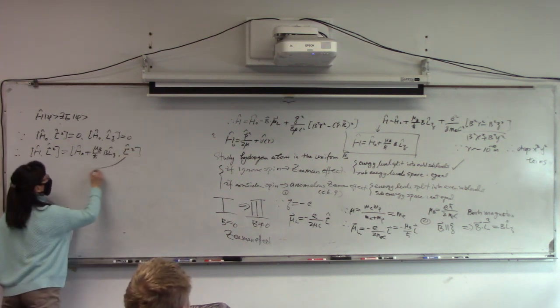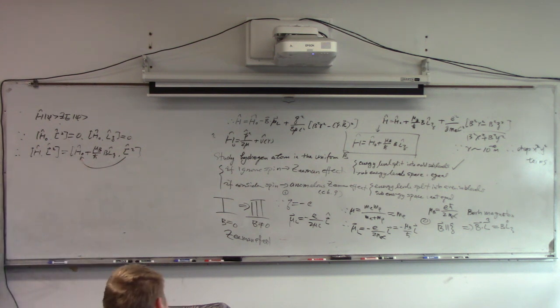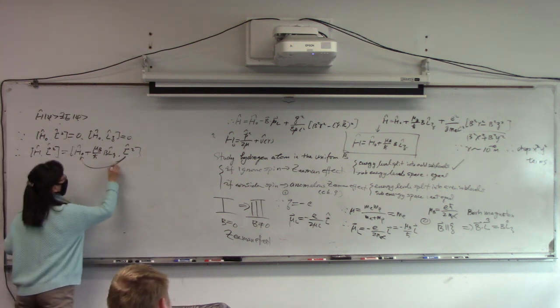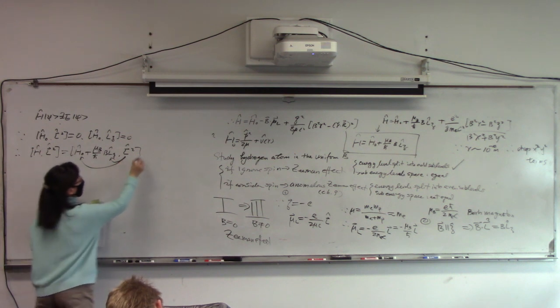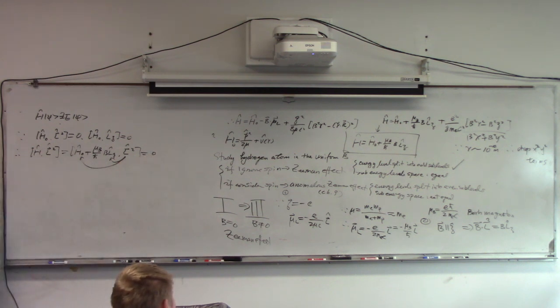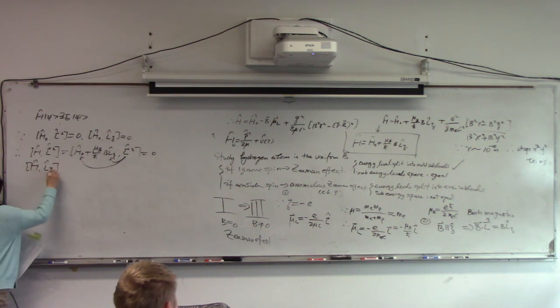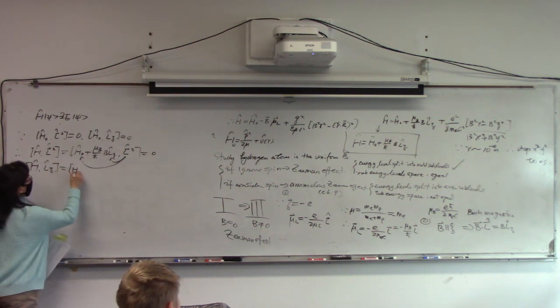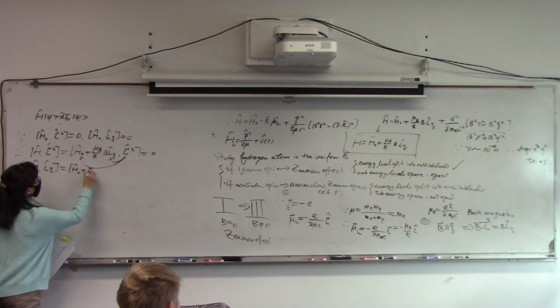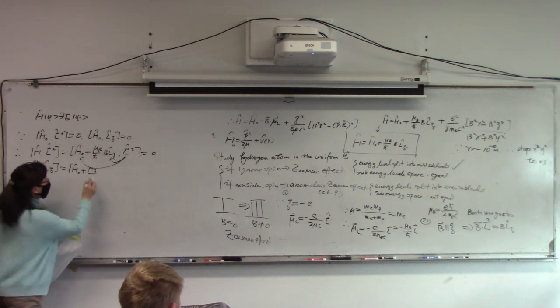So H naught commutes with L squared, right? H naught also commutes with L squared here. Similarly, consider LZ. H naught also commutes with LZ, and LZ definitely commutes with itself, right?